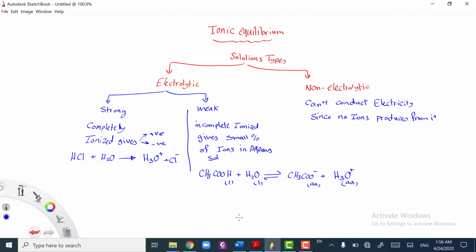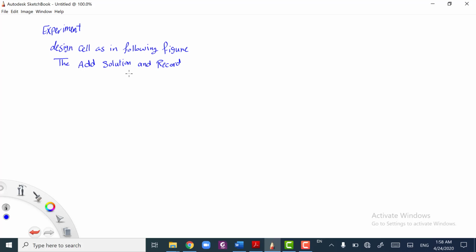Okay, now we are going to do an experiment to detect the difference between electrolytic and non-electrolytic solutions. The experiment: firstly, design a cell as in the following figure. Then add solutions and record observations.